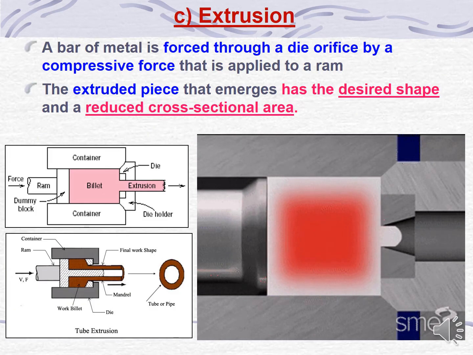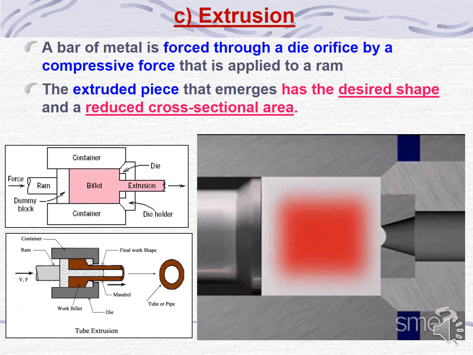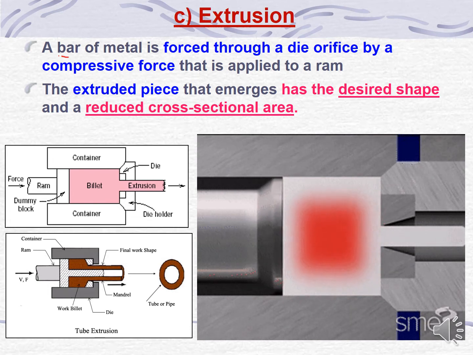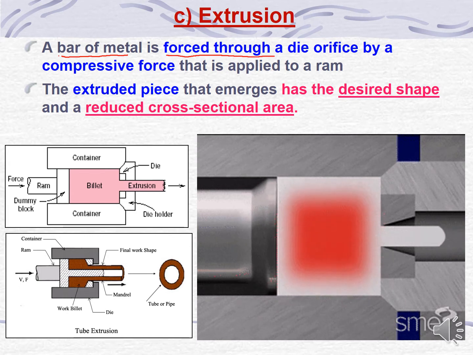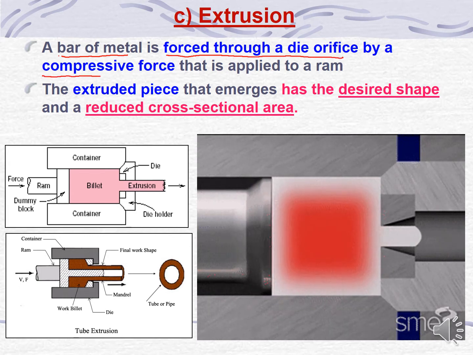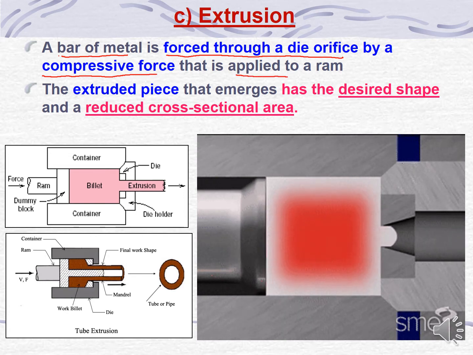Let's move to extrusion. Extrusion is a process where a bar of metal is forced through a die orifice by a compressive force that is applied to a ram.